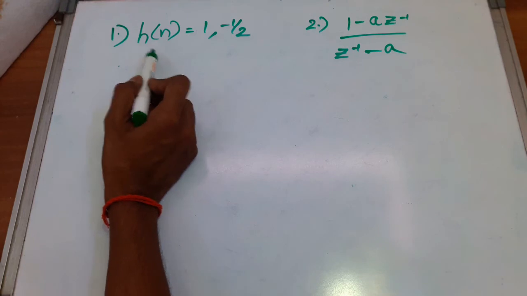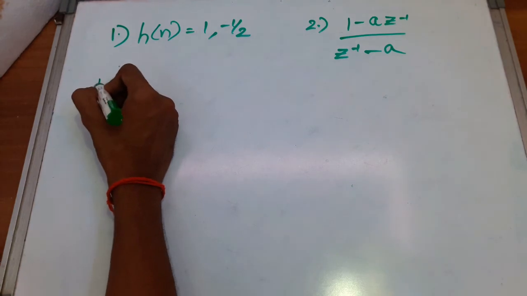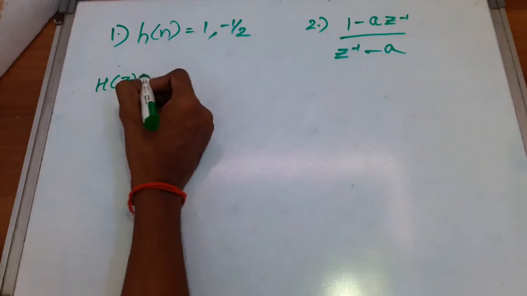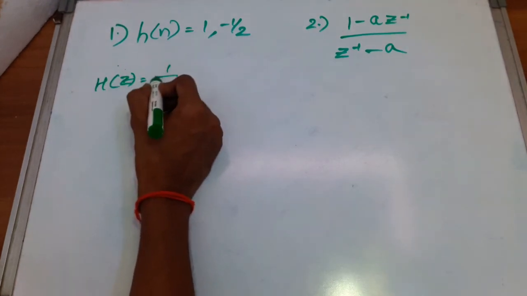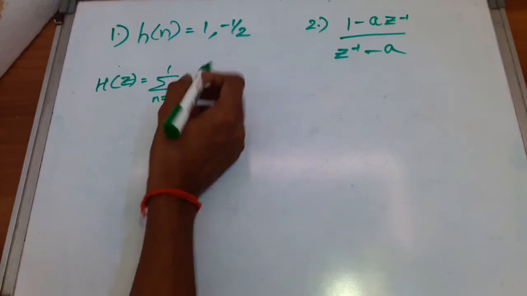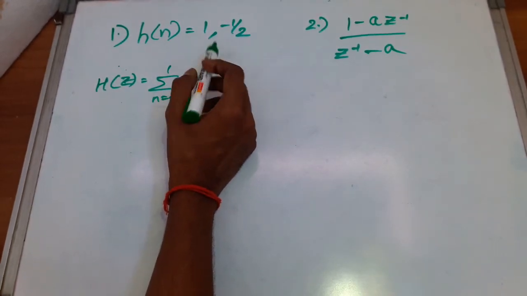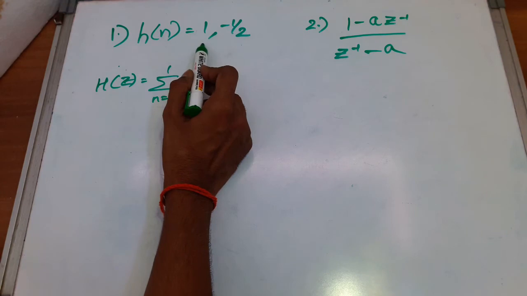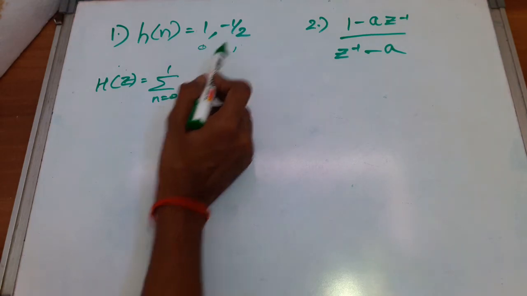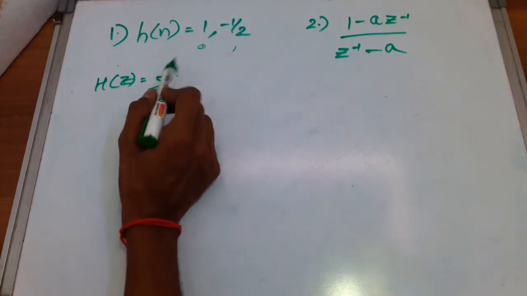So now we have been given the parameters in time domain. We have to convert this first into frequency domain using the formula H of z equals the sum of h of n z raised to minus n. Since we only have two values, at position numbers 0 and 1, we have taken limits 0 and 1.